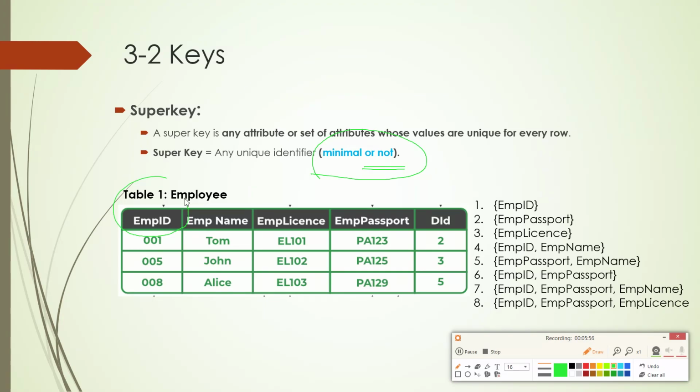If employee ID can uniquely identify a record, then why would I combine license ID with this one to make it a primary key? So in the case of the primary key, we will be focusing on the minimal attributes, but in the super key, the condition of minimal attributes is not necessarily applied.